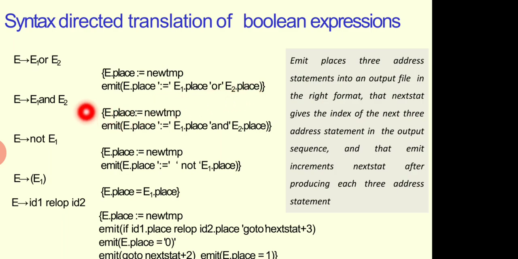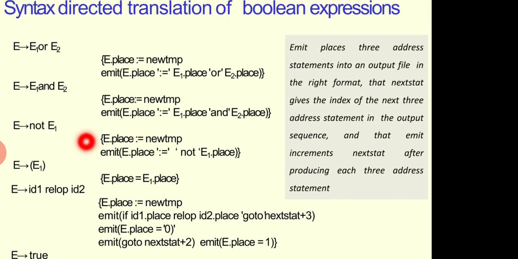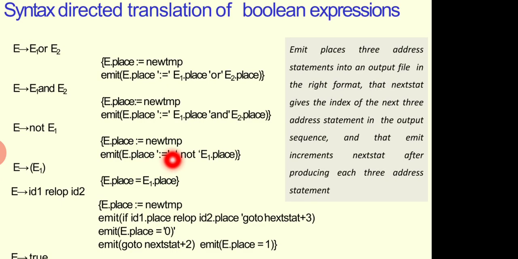Then E gives E1 and E2: E dot place will be new temp, and emit E dot place equal to E1 dot place and E2 dot place. So the operators will be maintained as such. In the case of E gives not E1, E dot place equal to new temp, and emit E dot place is equal to not E1 dot place.